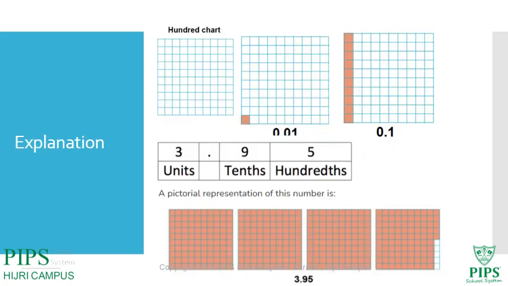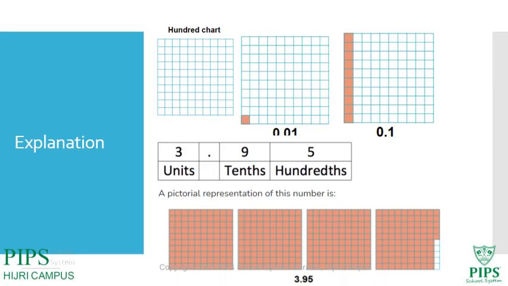As we discussed before, this is known as the pictorial representation of the chart. This is the 100 chart. The example given here is 3.95, in which 3 is a unit, 9 is the tenth value and 5 is the hundredth value.